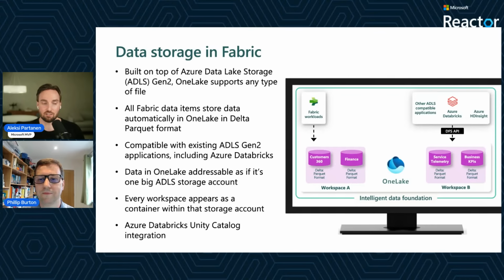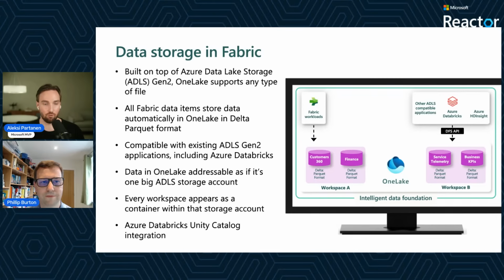So basically, you can store any type of data to OneLake, even though the default and preferred data format in OneLake is Delta Parquet. That is a very modern open source data format that is, for example, used in Azure Databricks. But yes, OneLake is this unified underlying data lake that is underneath the Fabric, and there's only one OneLake per Fabric.